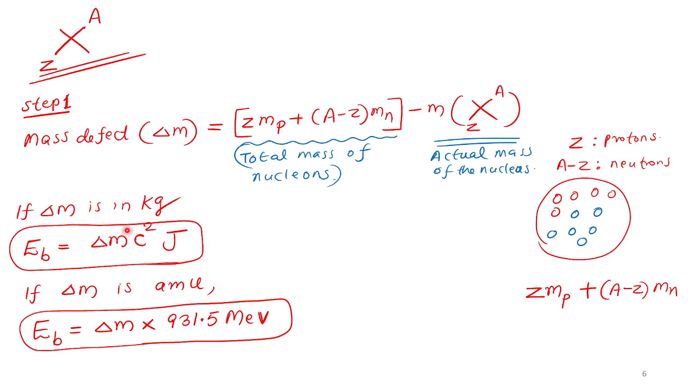And if delta M is in atomic mass unit, then the binding energy is given by delta M into 931.5 mega electron volts. So please remember this formula. Okay, you completed, right? Finished?